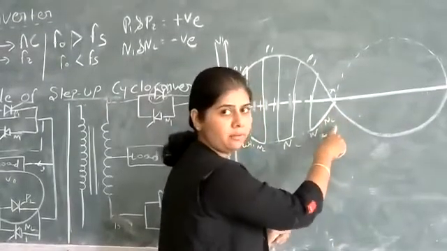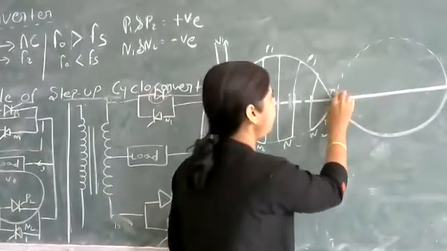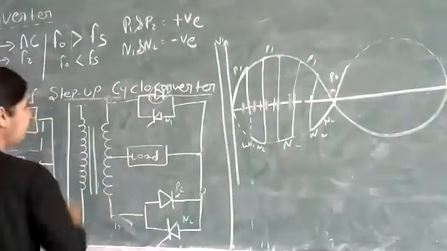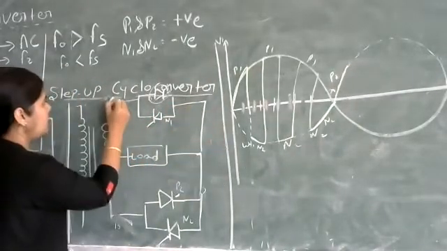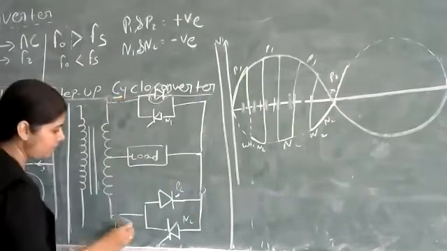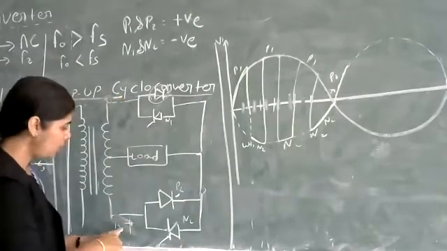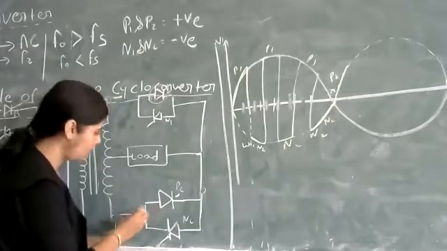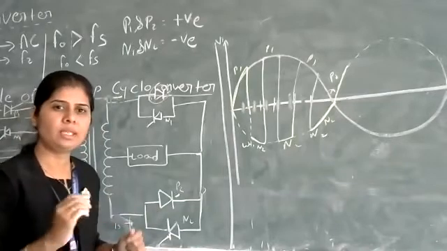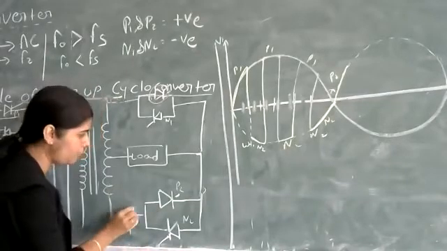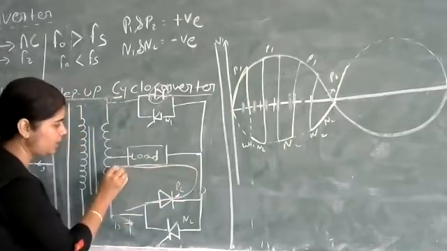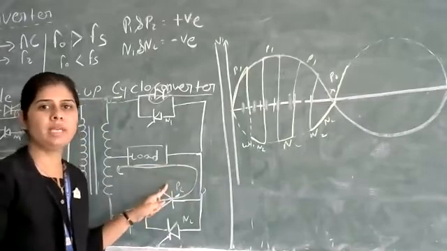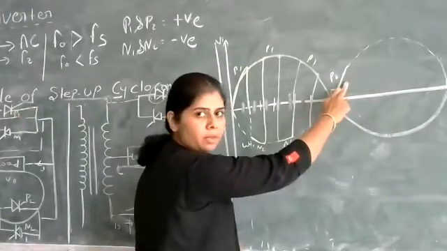After this N2, we trigger thyristor P2. You can see here the terminals have changed: A is negative and B is positive. Because of this polarity, we trigger thyristor P2. Now our current flows through P2 and the load. At that time, the load current is in the same direction as the reference direction, so we get the output voltage positive.